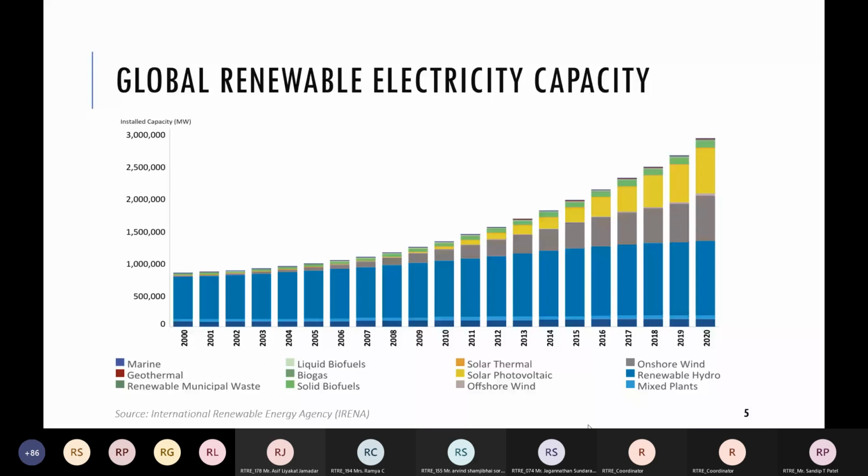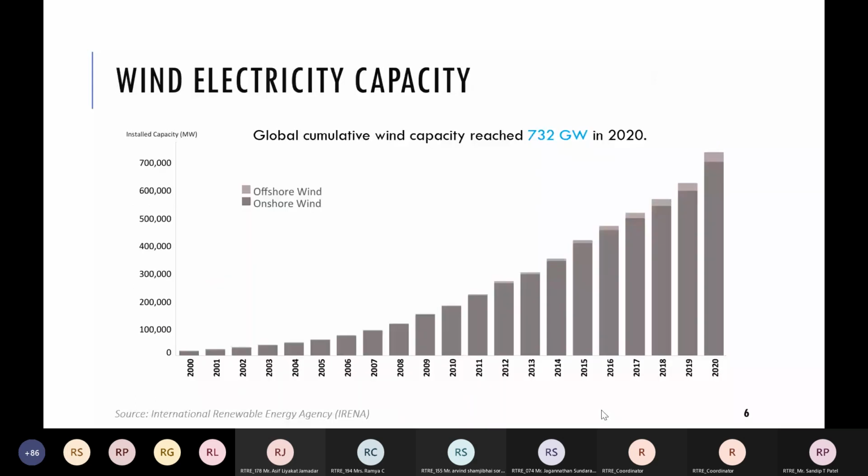So if we focus basically on wind energy, this is the last 20 years' progress. Here you can see very rapid growth in the last 5 or 10 years in wind energy production. Fine. It's global data.